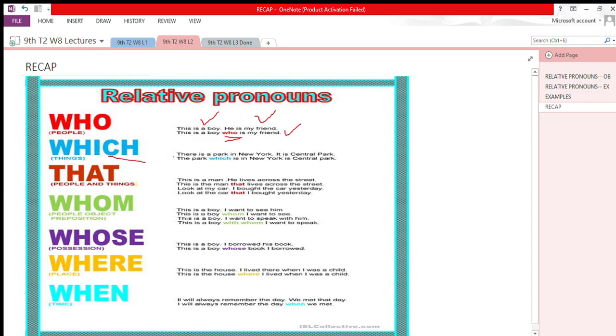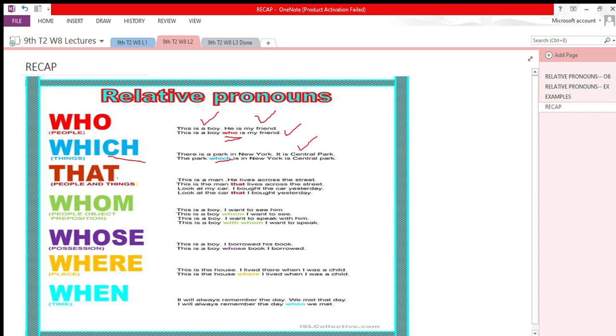Now, how can you use which? There is a park in New York, it is Central Park. The park which is in New York is Central Park. Instead of writing two sentences, you have combined them with which.